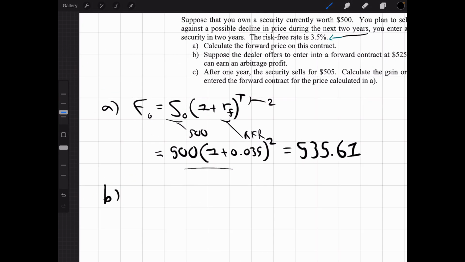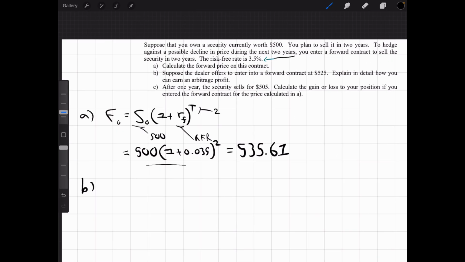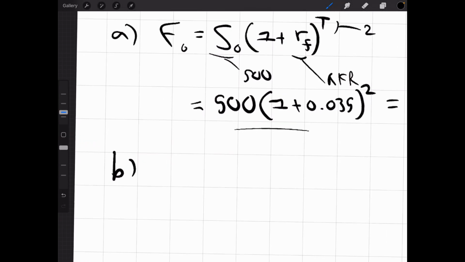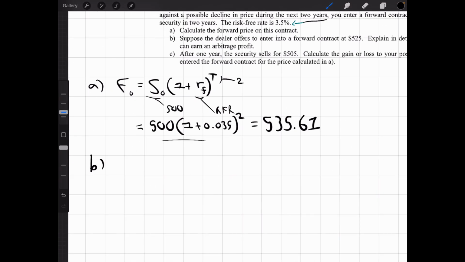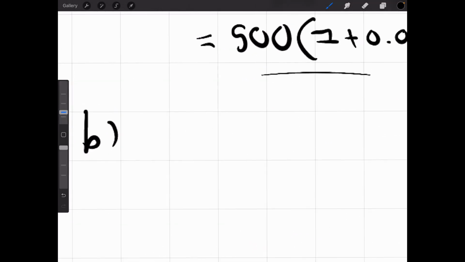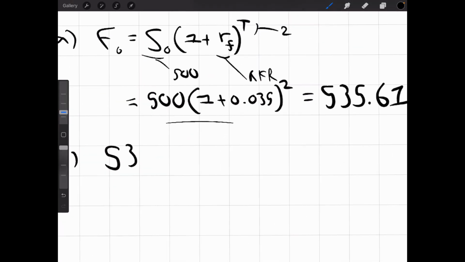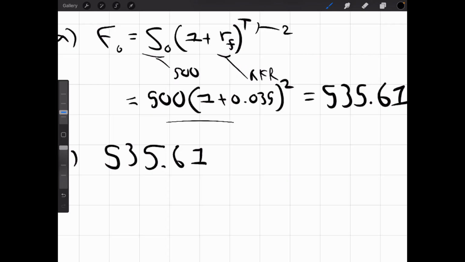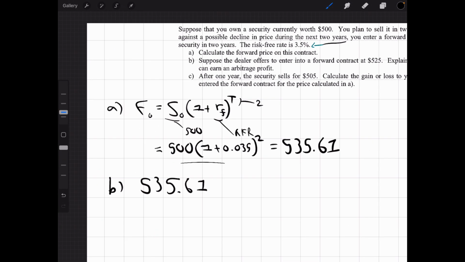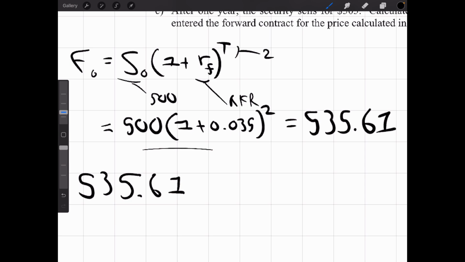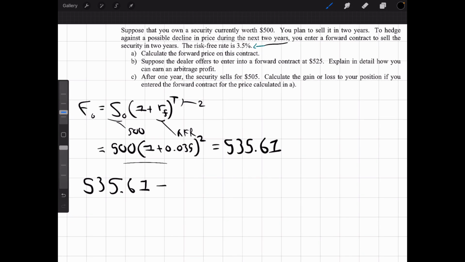And now we suppose the dealer offers to enter into a forward contract at $525. So explain in detail how you can earn an arbitrage profit. So essentially, your arbitrage profit is the difference between your forward price and when the dealer offers to enter into a forward contract.